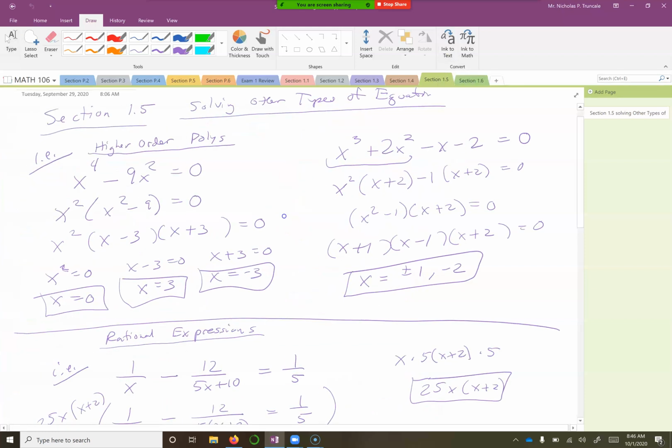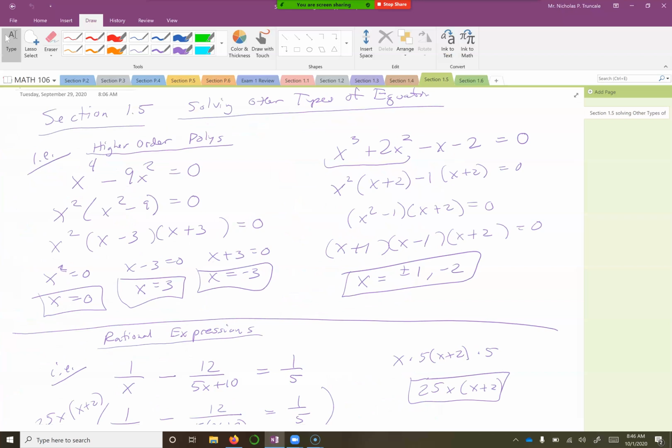Okay. Section 1.5. So this was wrapping up any other types of polynomial equations, I'll maybe call them the misfits. They don't really fit into any nice category. They're just what they are, so we'll just have a section dealing with those.